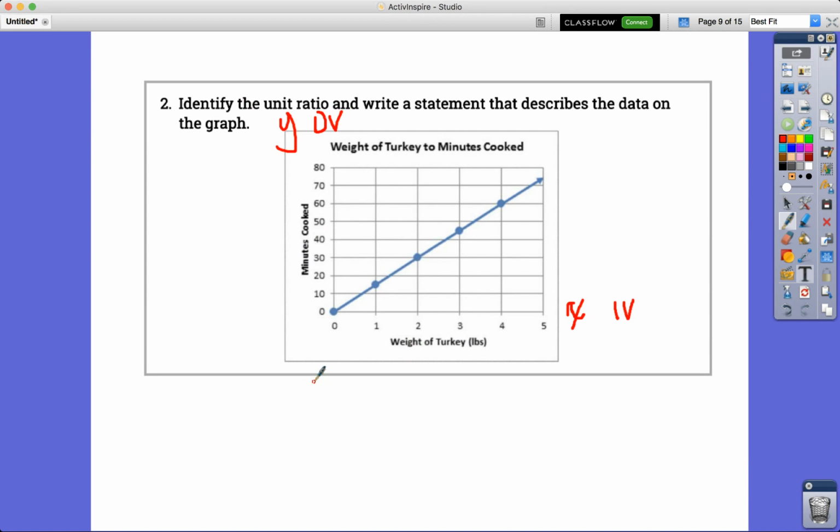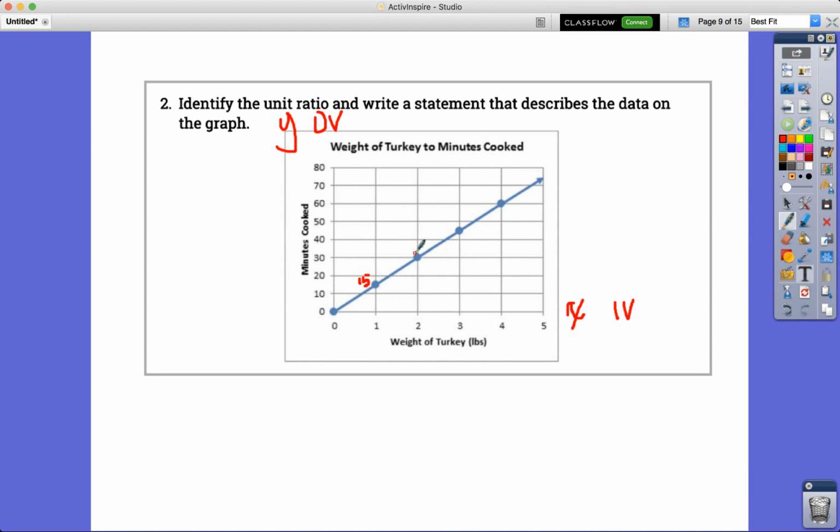Okay, so we're back. And when you have 1 pound of turkey, I'm reading this right here. This is 10, this is 20. This is halfway between 10 and 20. So I'm going to call this 15. But I also want to double check and make sure that the increments are correct.